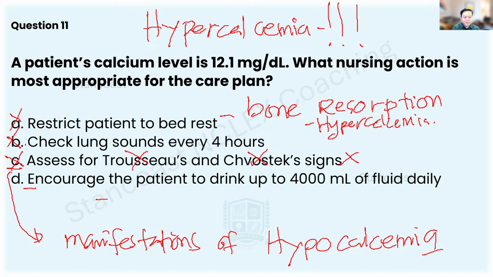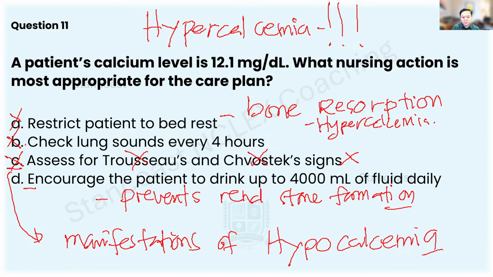Okay, so the action alone prevents renal stone formation. You need to keep flushing their renal system to get rid of those calcium ions from their body. That's the main reason. Prevents renal stone formation. Okay, so your patient should have increased hydration.